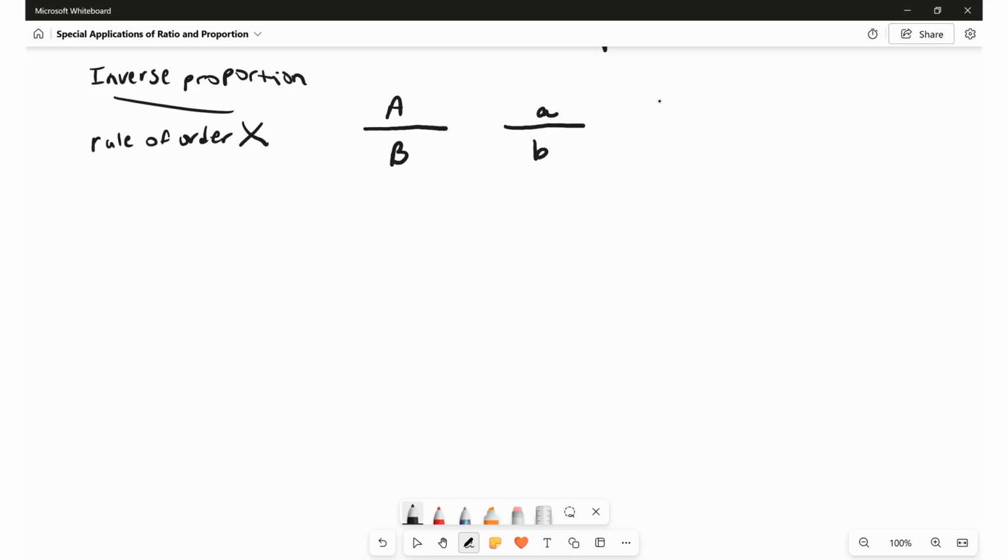This right here, this is for direct proportions. This is for when either both things are increasing or both things are decreasing. But in the case where one thing is increasing and one thing is decreasing, we need to flip the things. Okay.